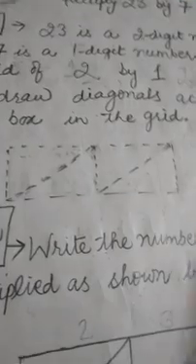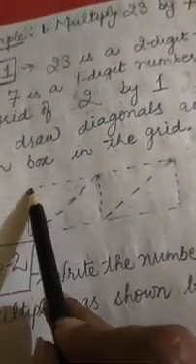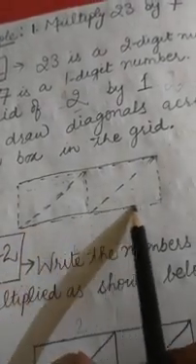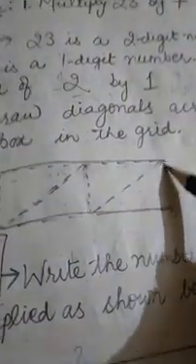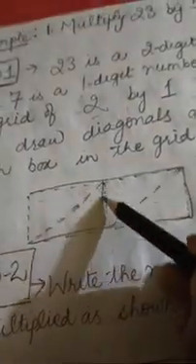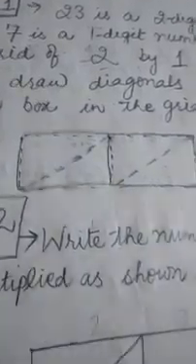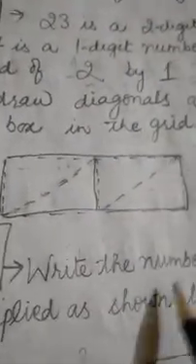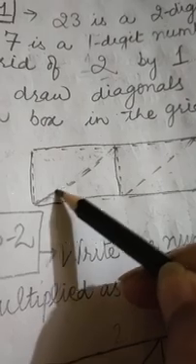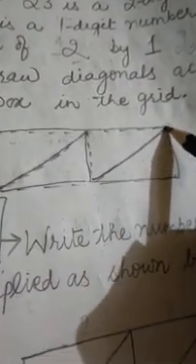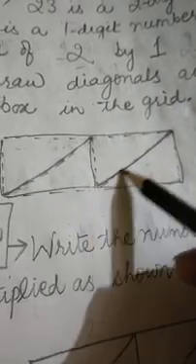We will also join the diagonals of the boxes, like this. Then what will be our second step?